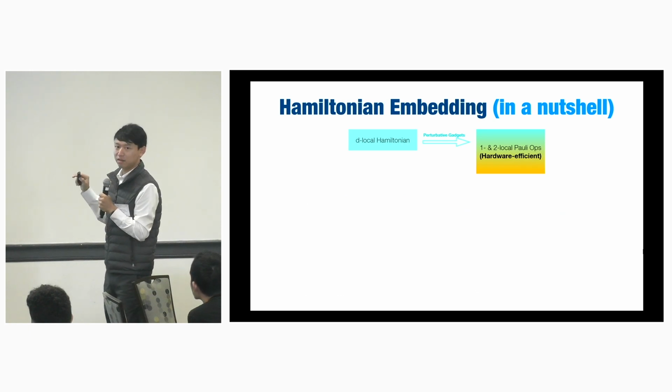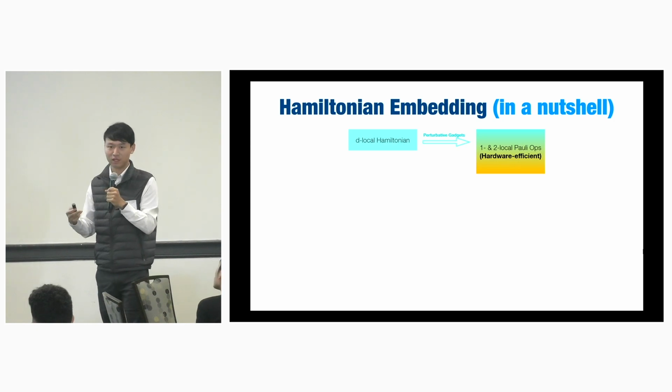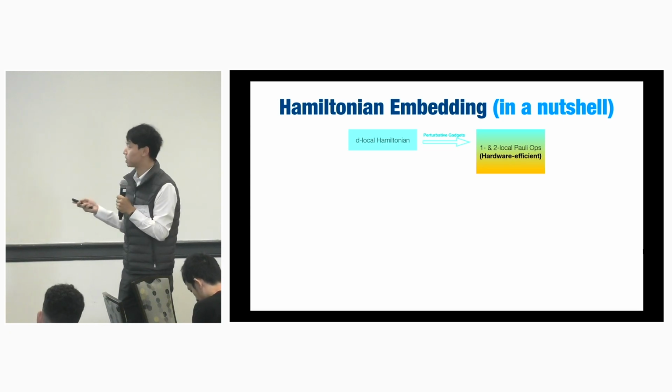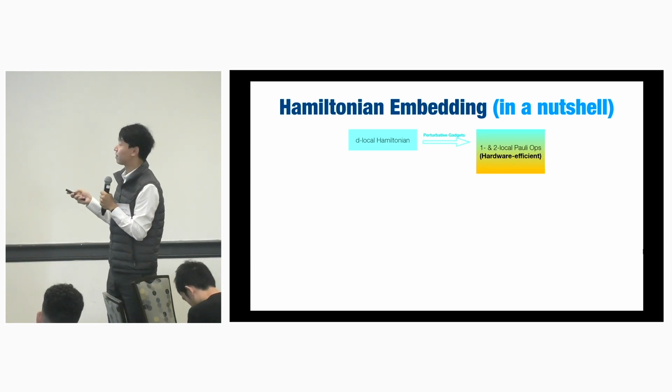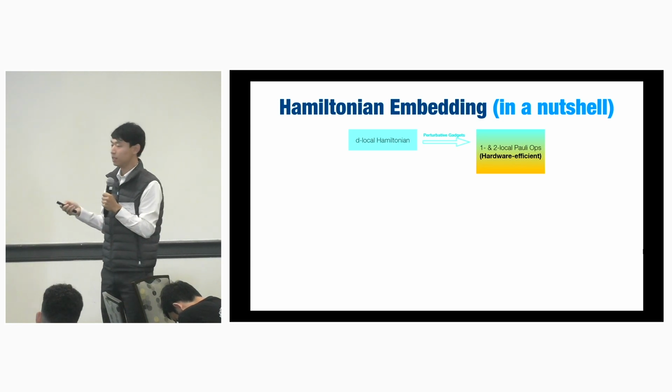Just a quick slide on how this Hamiltonian embedding works. In the traditional Hamiltonian complexity community, we also have a bunch of techniques that help us to reduce D-local Hamiltonians to 1 and 2 local Hamiltonians using the so-called perturbative gadgets technique, and that helps us to prove the universality of local Hamiltonians.